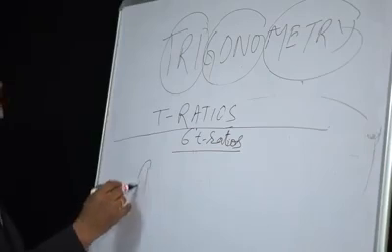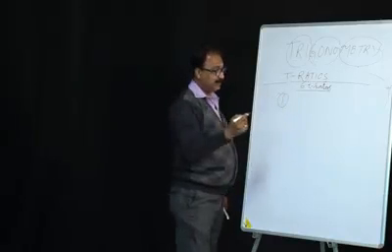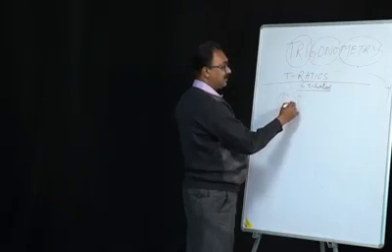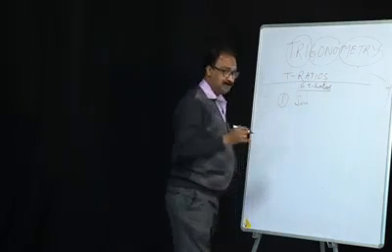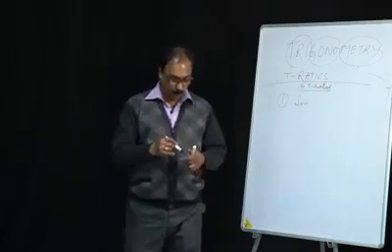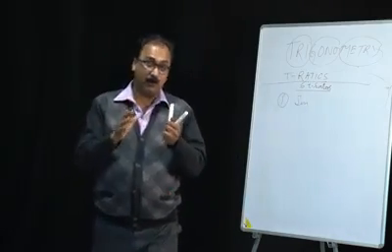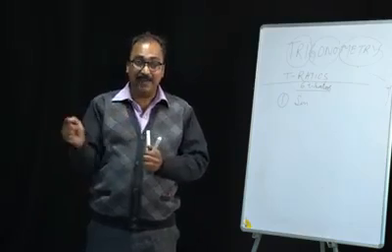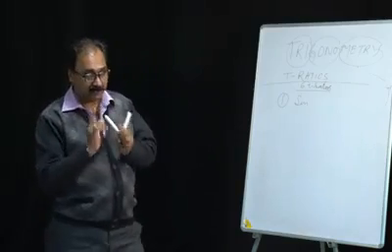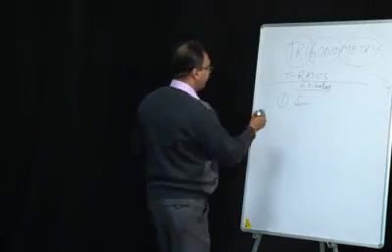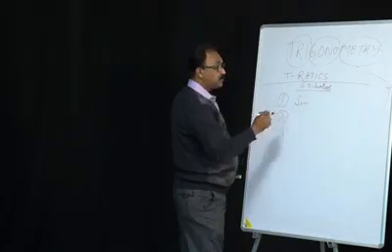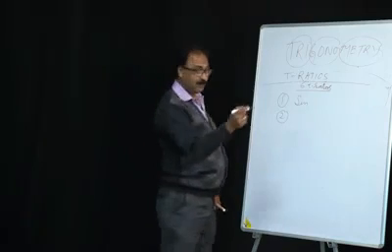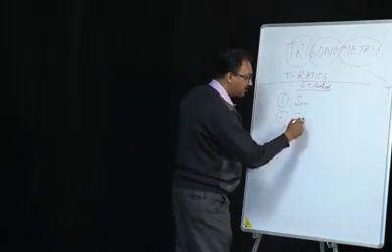Number 1 is sine. It comes from Greek, SINE, but we use sin in short. Don't pronounce it like seen. It's not seen, it's sign. Clear? Number 2 is cosine, COSINE, but we use cos.